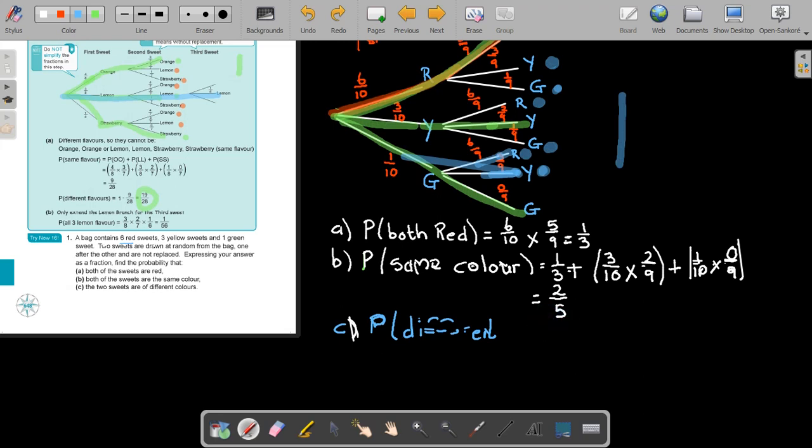Okay, it just says different colors. It's not very clear, but let me just repeat, different colors.